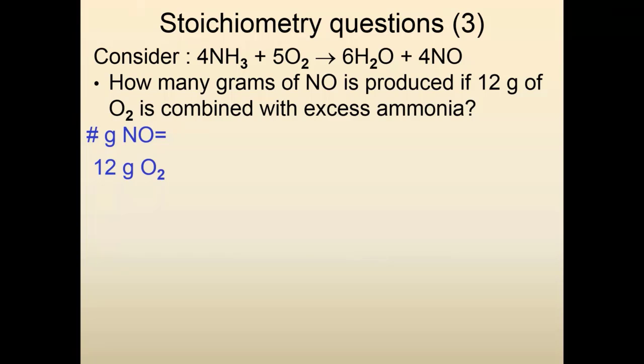Are we supposed to use the equivalent of NO on the periodic table? Yeah, you'll have to get the molar mass of NO. That is correct, using the periodic table. So that would be like 1728.